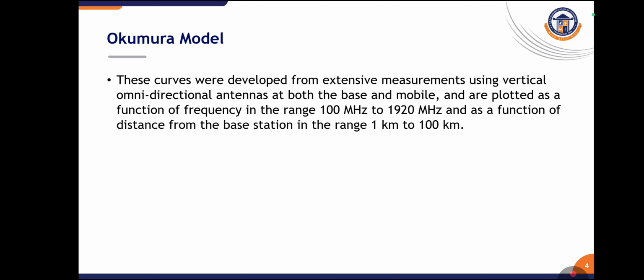So the curve covers the frequency range of 100 megahertz to 1920 megahertz, and the base station distance from 1 kilometer to 100 kilometer. Another important consideration is the omnidirectional antennas, which means they cover all directions.